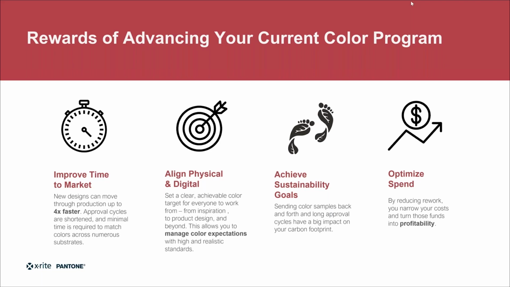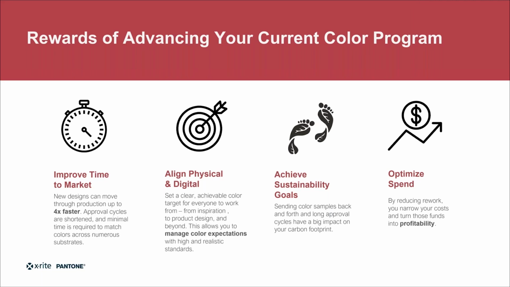We're also going to be able to achieve some of the organization's sustainability goals, having to ask for fewer prototypes, ask for fewer physical samples. Those types of things are going to allow us to limit the amount of physical materials and the waste that's created from that.